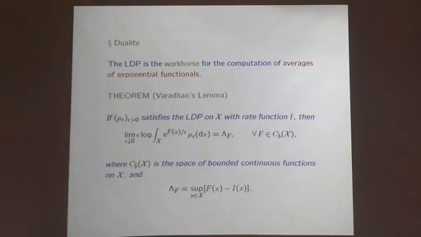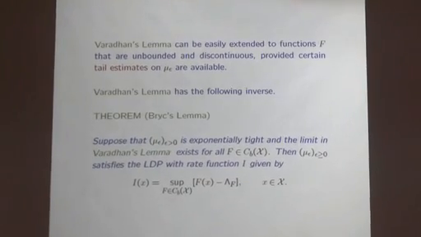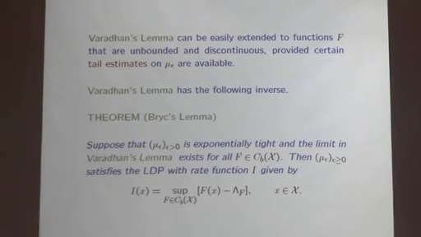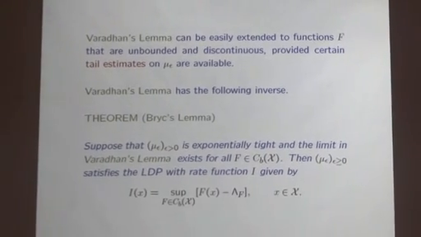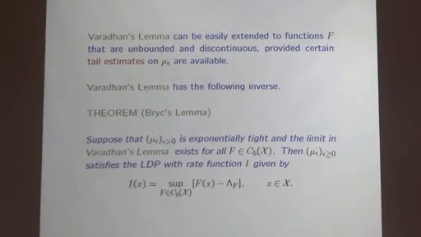Okay, and this lemma can easily be extended to functions that would not be continuous or not bounded. If f is sort of decent and you have some control over the tail properties of your family of mu epsilon, there are many examples where you can include this for even more general functions.